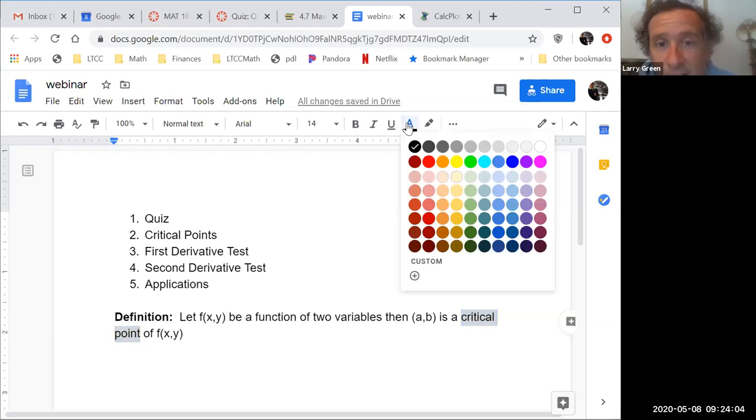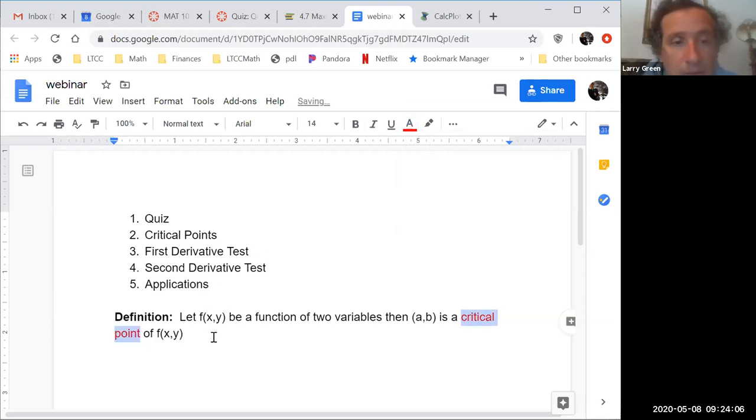And this is what we're defining, so I'm going to put it in red. If either the gradient at (a, b) equals the 0 vector or is undefined.